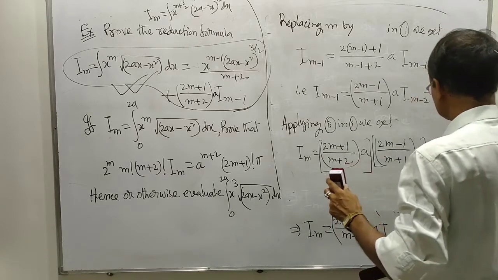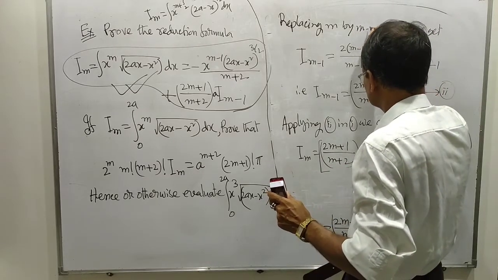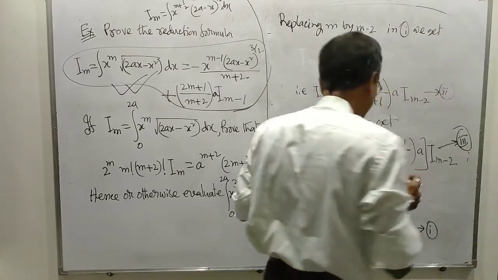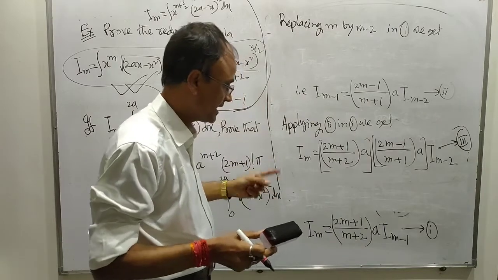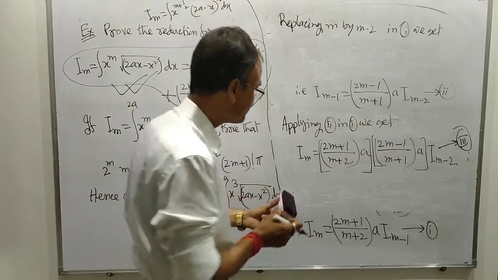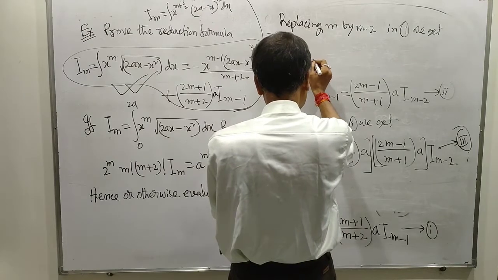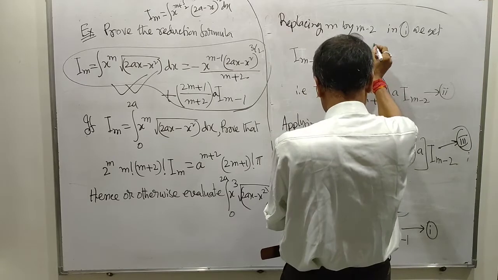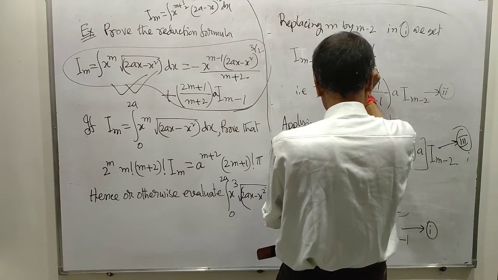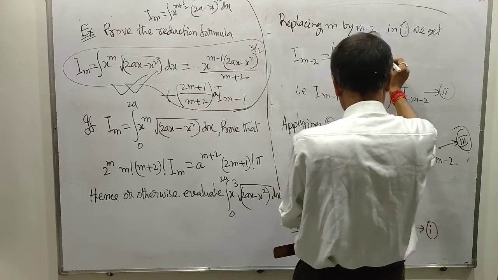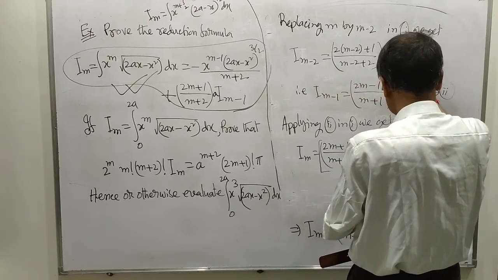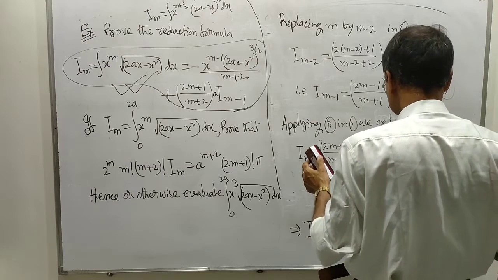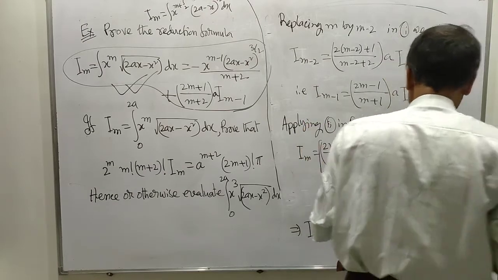Replacing m by m minus 2 in 1, we get I_{m-2} equal to 2 times (m minus 2) plus 1 divided by (m minus 2) plus 2 into a I_{m-2} minus 1.